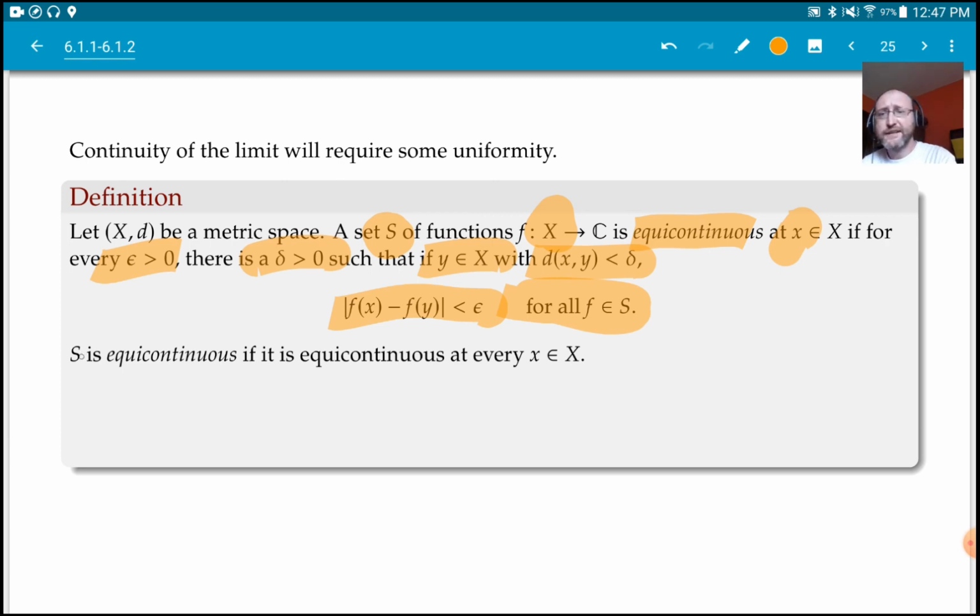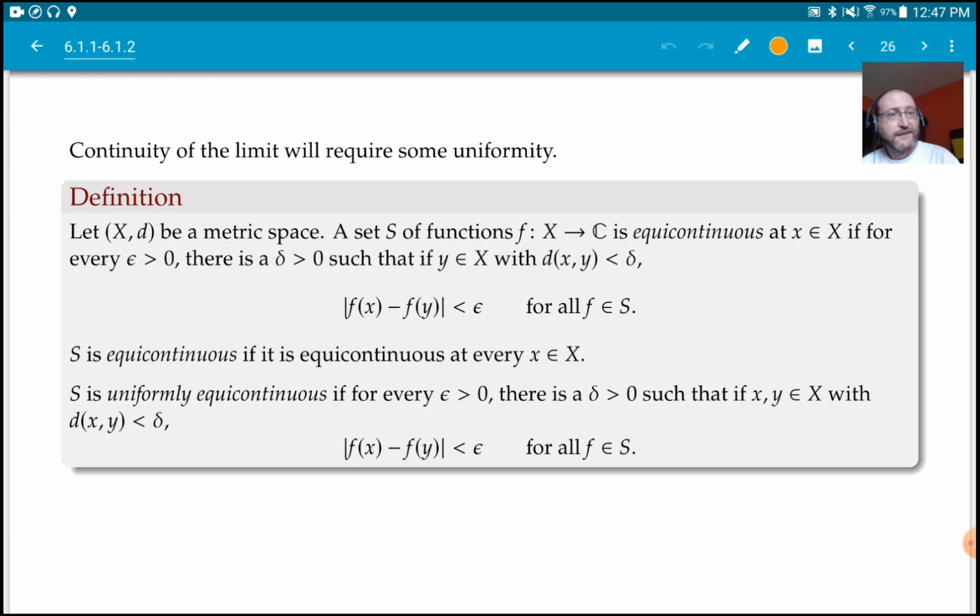And we're just going to say that S is equicontinuous if it's equicontinuous at all points, just like for continuity, the terminology is the same. The only difference is this for all f in S, that you get this to work for all functions equally.